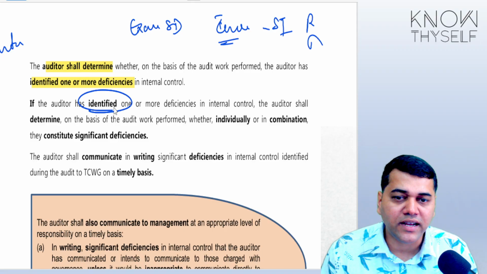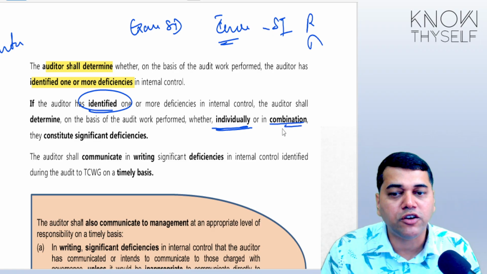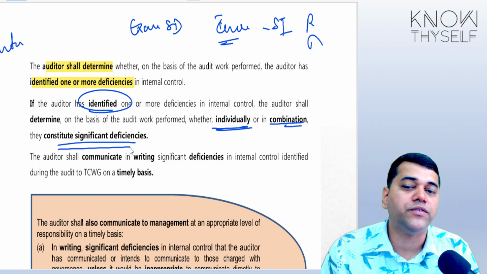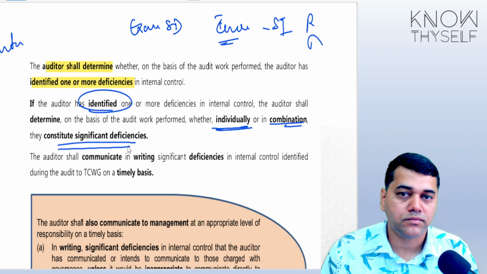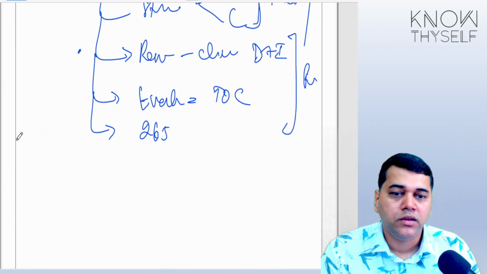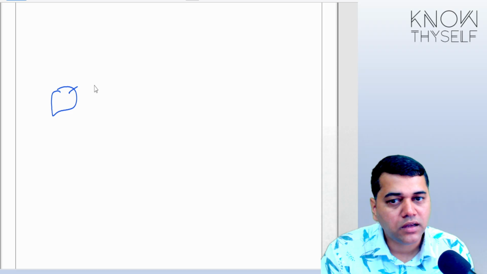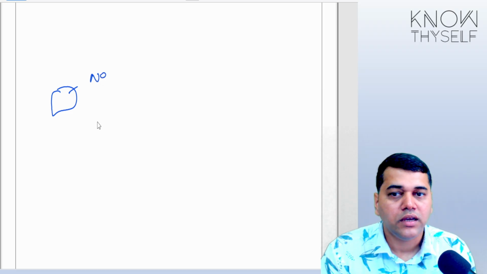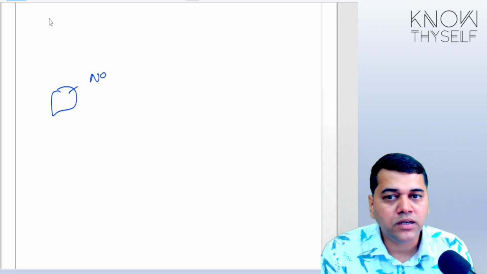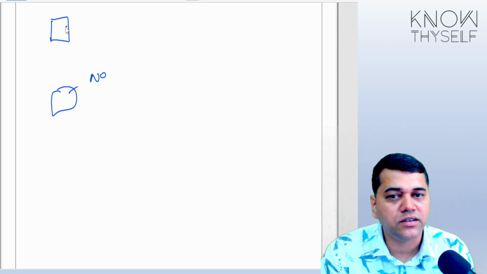If the auditor has identified any deficiencies, he has to check whether they individually or in combination constitute significant deficiencies. Student, I can give you an example. In a room, there is a petrol can. Is it a significant deficiency? No. In that room, there is one light switchboard. Is it a significant deficiency?